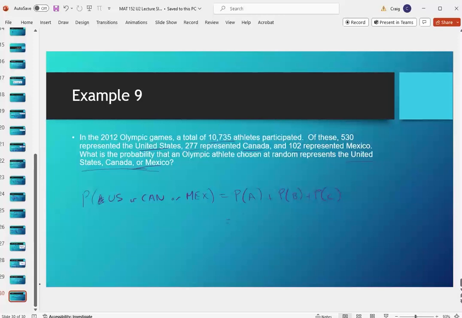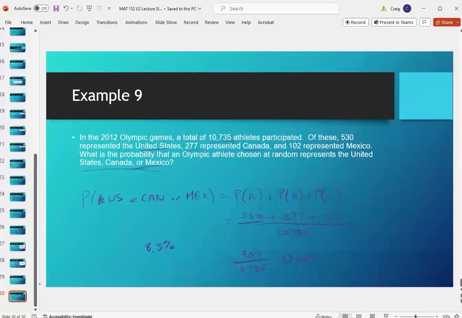That's 530 plus 277 plus 102, and they're all over 10,735. You'll get 909 divided by 10,735, and in this case, 0.085 or 8.5%. So there's an 8.5% chance that if you randomly chose an athlete, it would be from one of those three countries, one or the other.